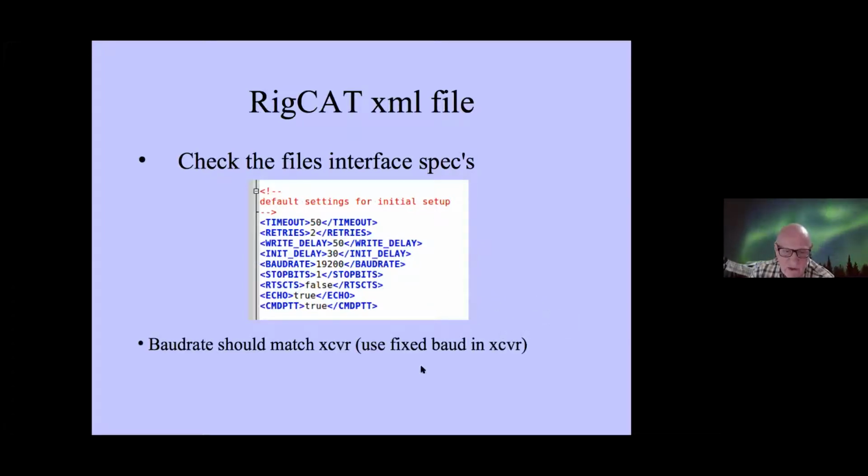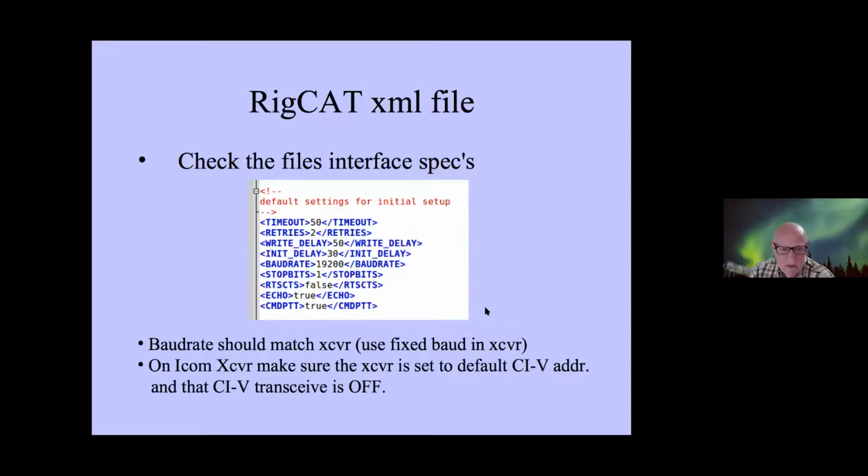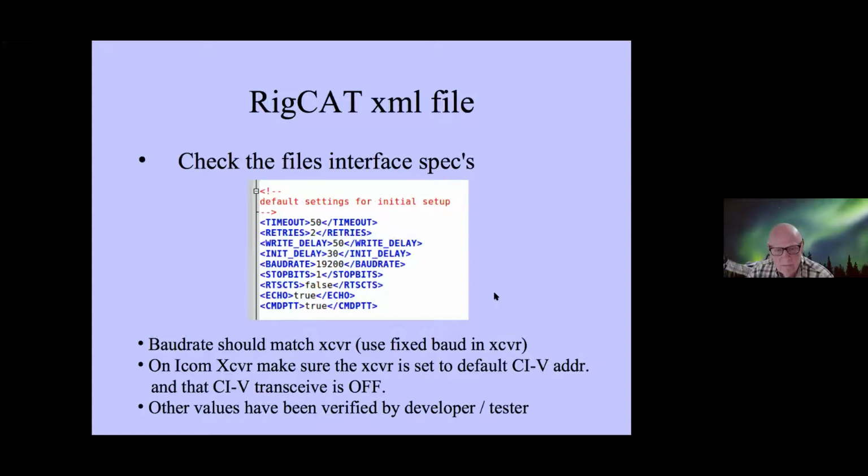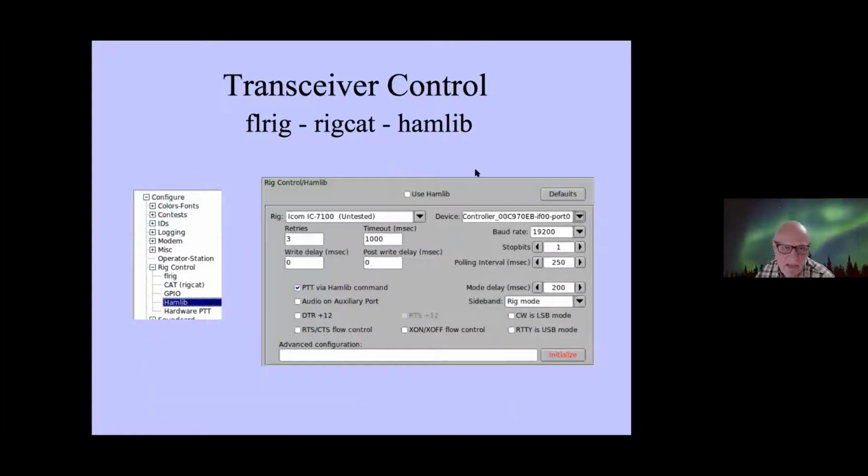Again, the baud rate should match the transceiver, a fixed baud rate in the transceiver, and turn off the CIV transceive in ICOM transceivers. So lastly, you might want to try Hamlib.